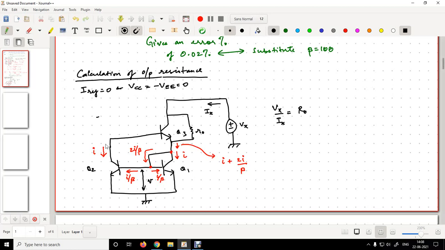Right. So if this current is I, this current will also be I. Collector current of Q2 is I, and collector of Q2 is connected to base of Q3. So both the currents will be same. If base current of Q3 is I, its collector current, which is like this, will be beta times I, and the emitter current, which will be in this direction, will be 1 plus beta times I.